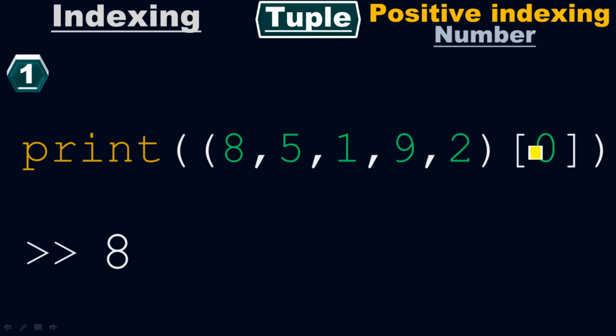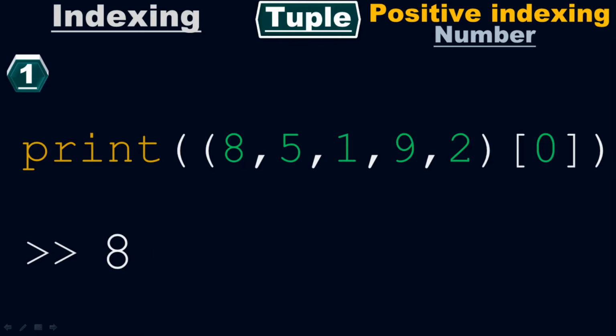Remember, for the indexing you have to put the closed brackets. Don't make this mistake. Don't put parentheses here. Parentheses are only for the tuple itself. For the indexing you have to use the closed brackets. So at index 0 we get element 8, which is the very first element here. Therefore it returns 8 in the output.